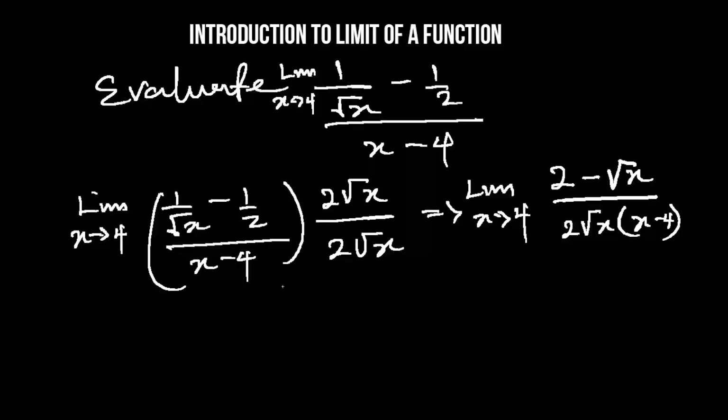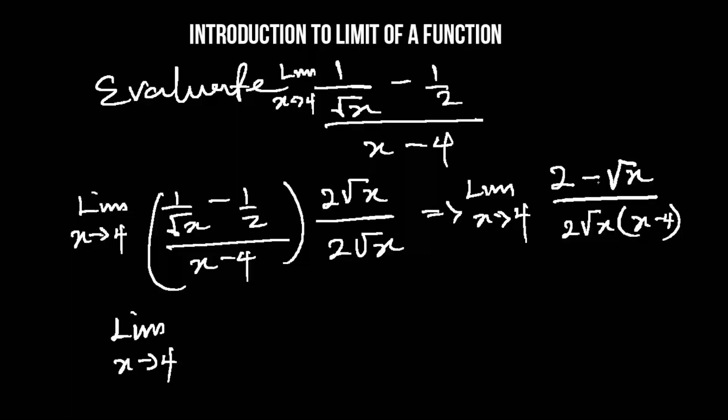So if I have this, I can continue by saying the limit as x tends to 4 of 2 minus root x divided by 2 root x into bracket x minus 4. How do we go about this? The next thing we want to do is to multiply both numerator and denominator by the conjugate of the numerator.